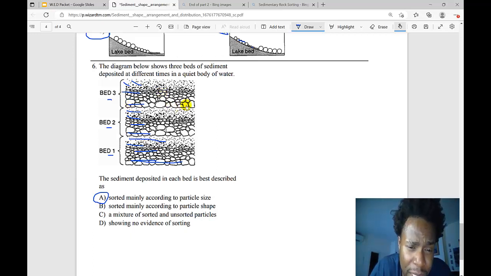Rather, it is the biggest that is at the bottom. So B is out. C: a mixture of sorted and unsorted particles. No, they are not mixed. This is well sorted, the biggest one at the bottom and the smallest at the top. C is out of the way. D: showing no evidence of sorting. No, there's sorting in this. So our option definitely is A.